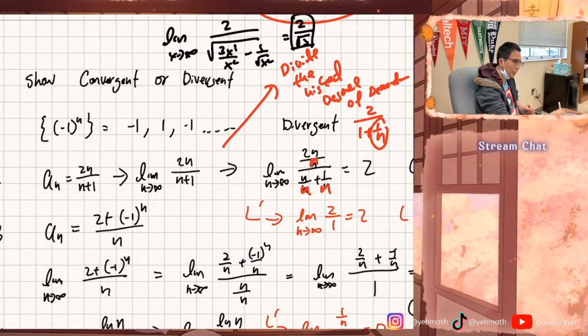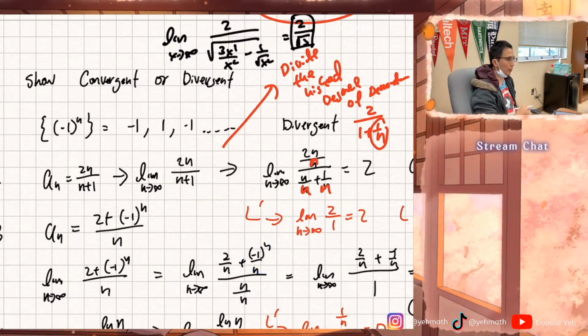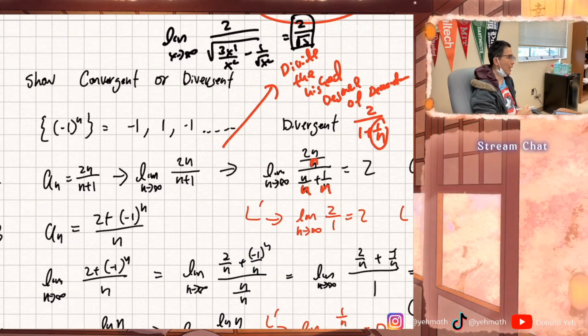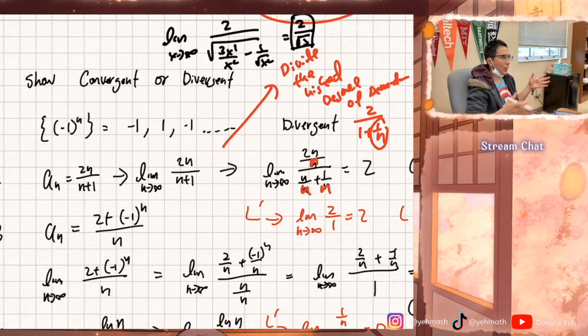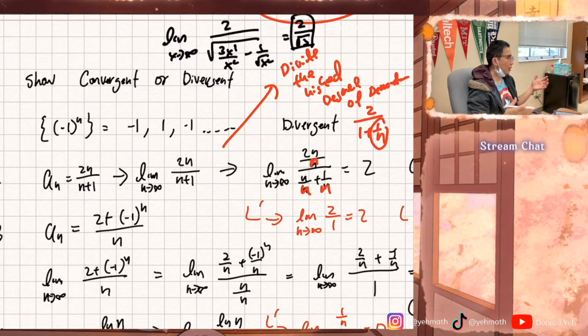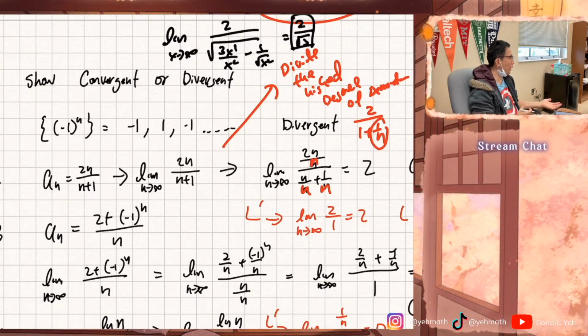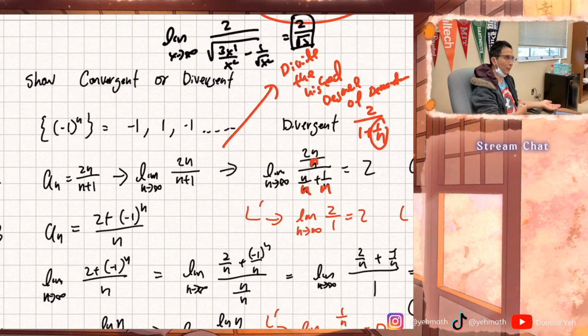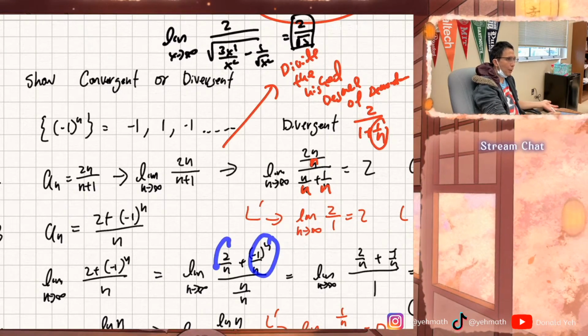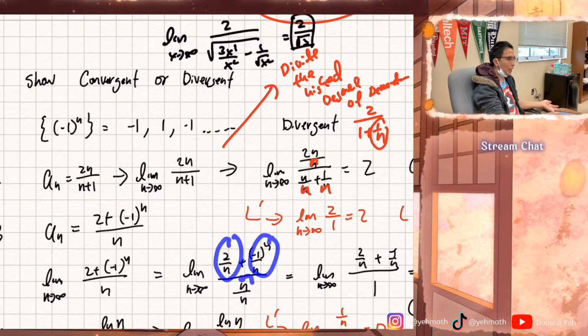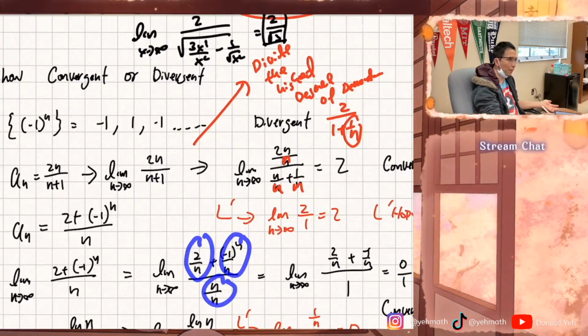If you pay attention, this part does not matter anymore, because it doesn't matter if it's a -1 on the top. It's going to be -1 or 1. But the bottom is going to approach infinity. So does it matter if you have 1 over infinity or -1 over infinity? That's still going to go to 0. And this part is going to go to 0 as well. And this part is going to go to 1. So this one's convergent.